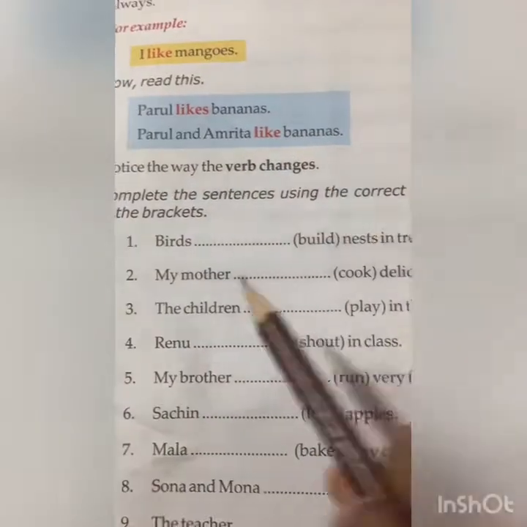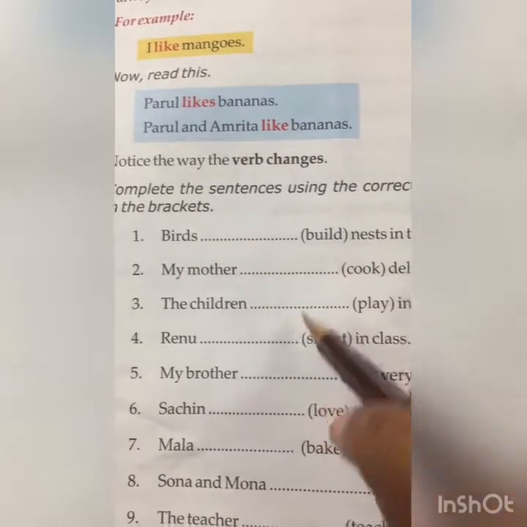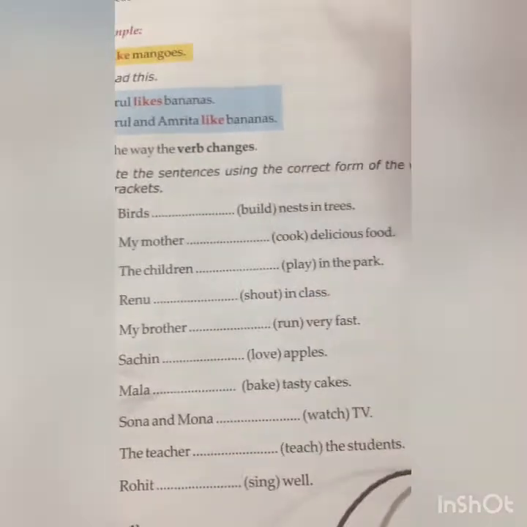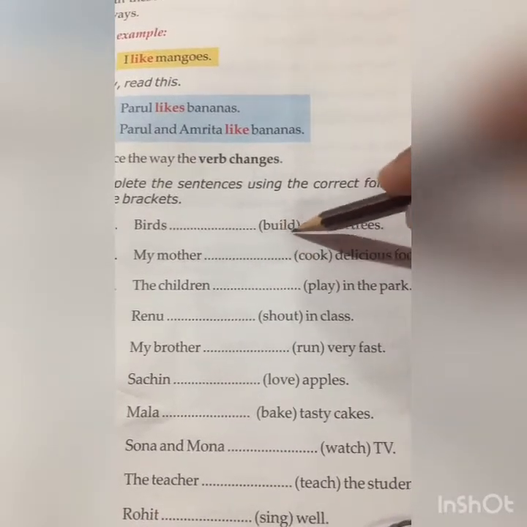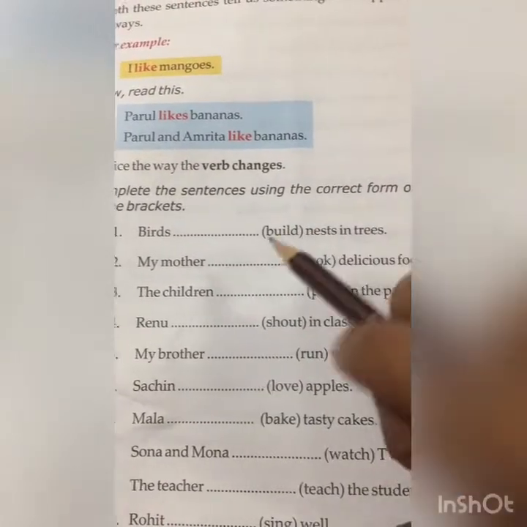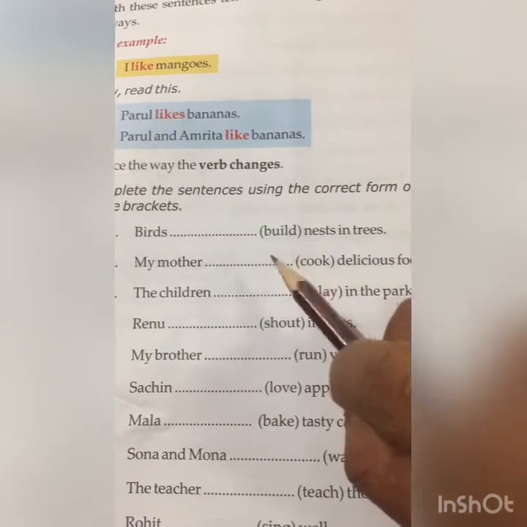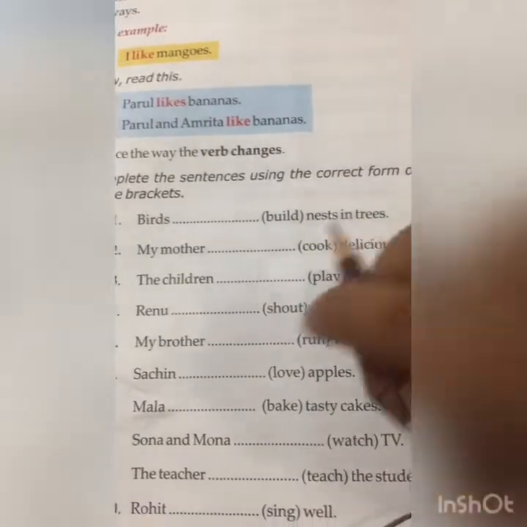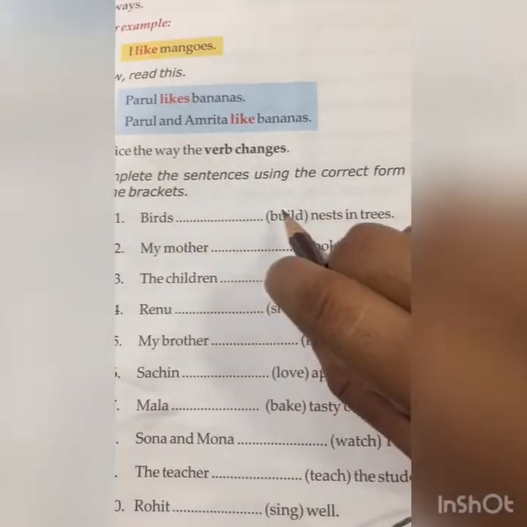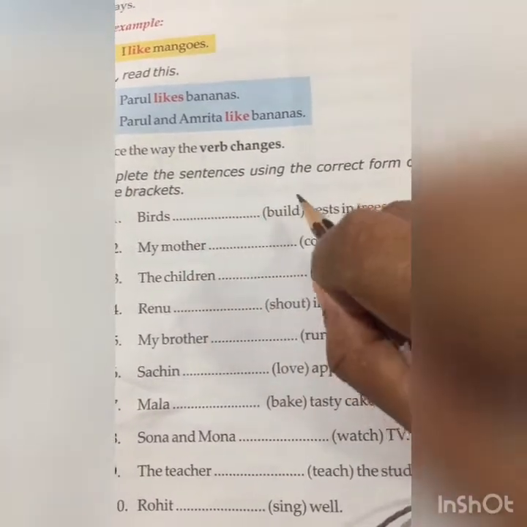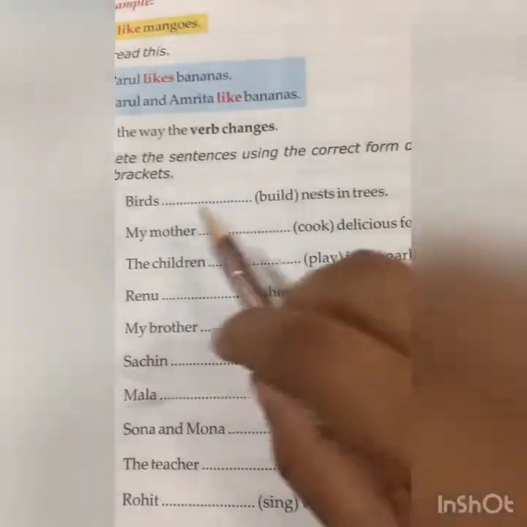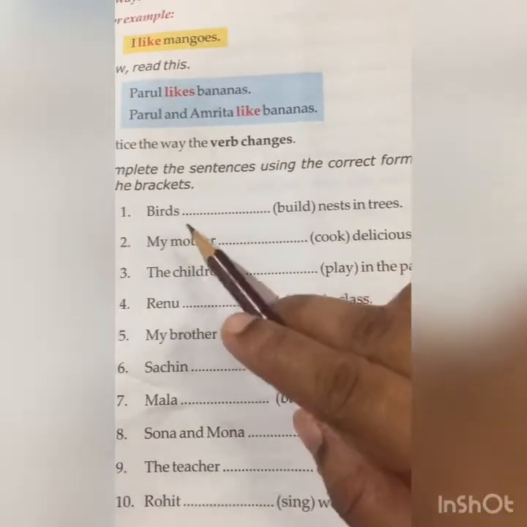There is a verb given in the bracket, and you have to complete the sentences using the correct form. Let us see the first one.